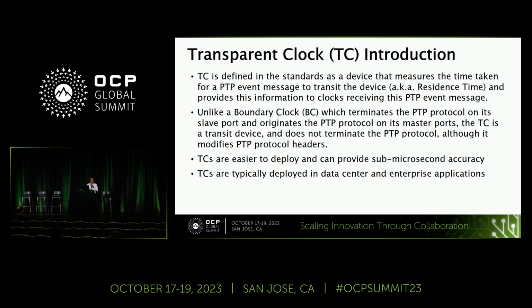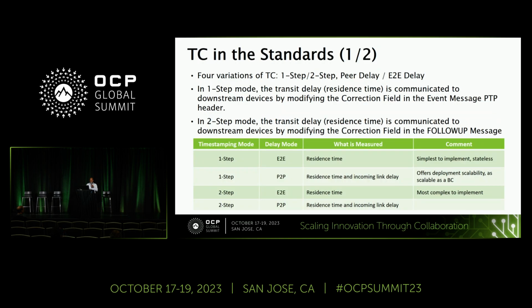And that kind of brings some simplicity because the messages are not getting terminated at each hop. Only the correction field is getting updated, and the packets are transparently going from the grandmaster to the endpoint. And there are two types of mechanisms here, right? One step and two step.